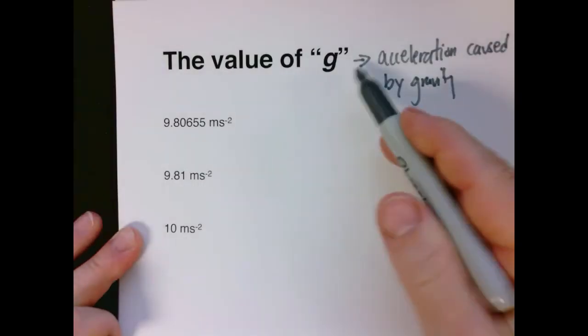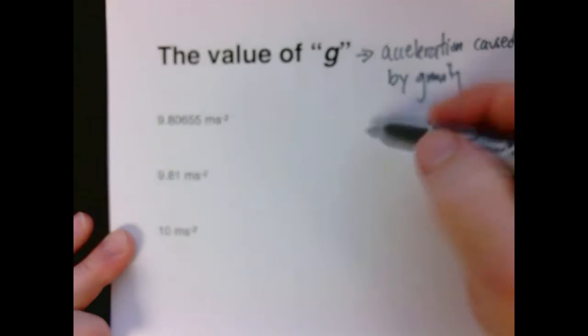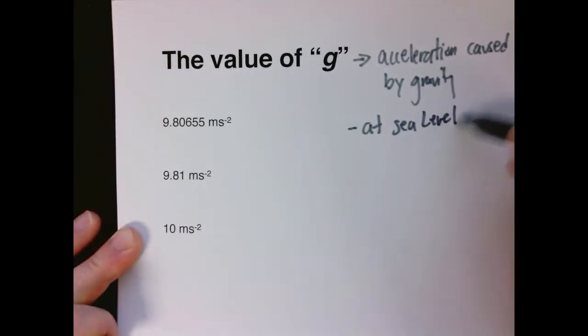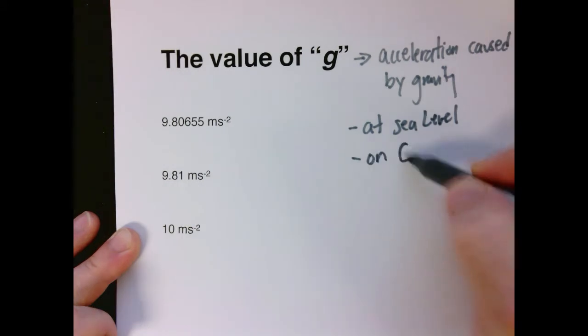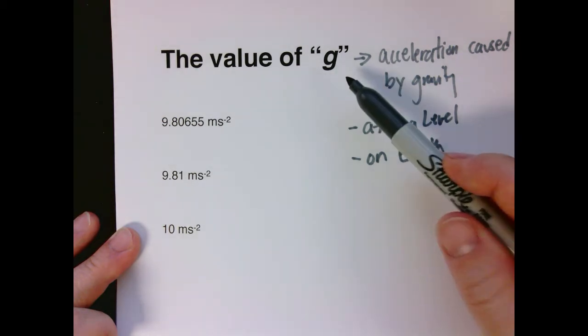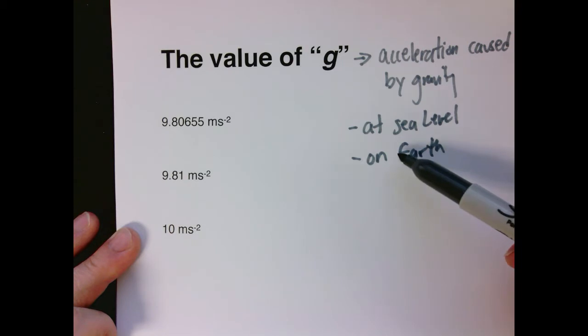This is the value, g. These are the values, g over here we use, at sea level, on Earth. At every other location in the universe, the value of g is a different number. But at sea level, on Earth, this is the value.